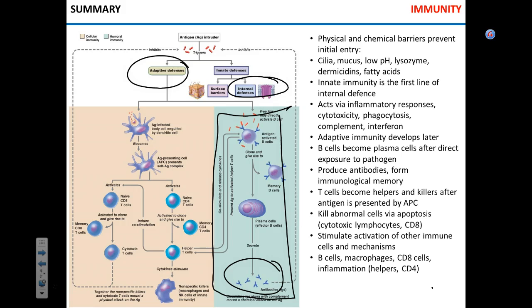Antibodies, can they opsonize? Yes, they can. Now, what is the purpose of opsonization? Yes, to make the cells more susceptible to phagocytosis. I couldn't say it better. So you have a link between the humoral response and innate immunity, which is phagocytosis.